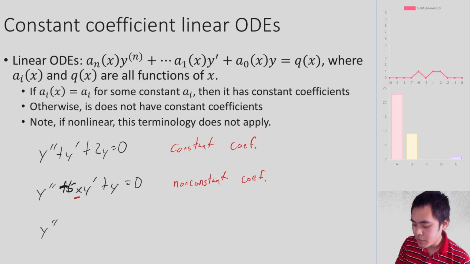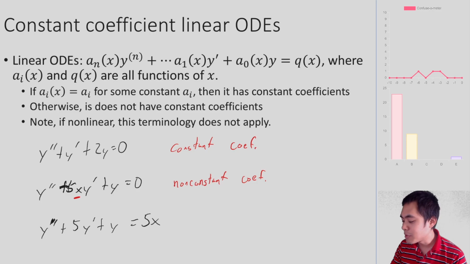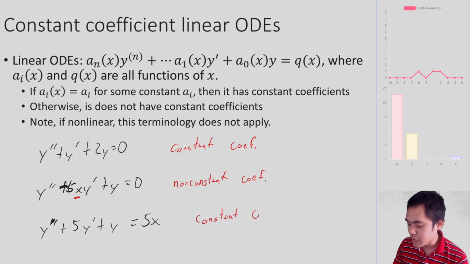Then y double prime plus 5y prime plus y is equal to 5x. This one's a little bit trickier. The answer is this is still constant coefficients because we only care about the parts of it that also have a y. So this here doesn't matter for the constant coefficients.